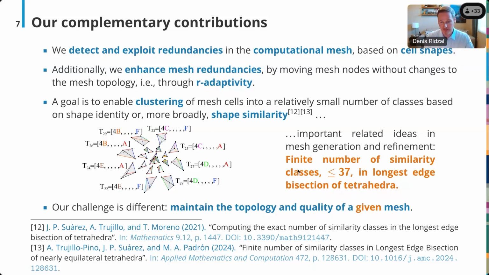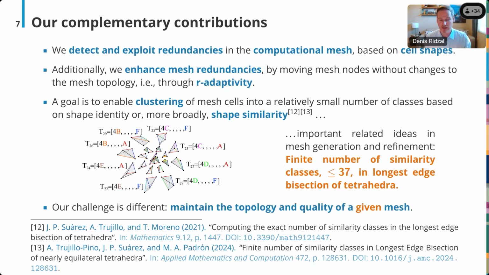And they show that this number is finite and it's less than or equal to 37. And so just by considering 37 shapes, you can capture basically any mesh. And so there's definitely hope there, and we're trying to create this structure where it's not available a priori. Now, our challenge is a little bit different because we want to maintain, we're not doing mesh refinement here, we're not generating the meshes.